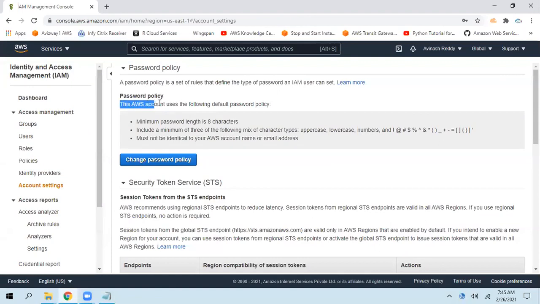This AWS account uses the following default password policy: minimum password length is 8 characters, including a minimum of 3 of the following: uppercase, lowercase, number, and special character. Among these 4, any 3 is okay. Must not be identical to the account name or email address. So let's click on change password policy.